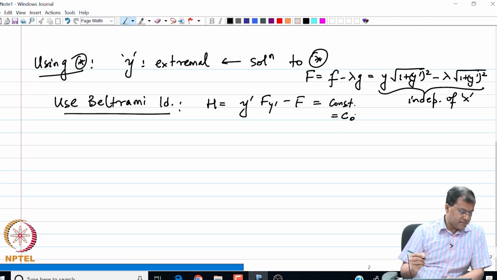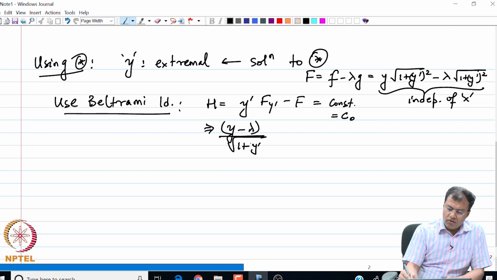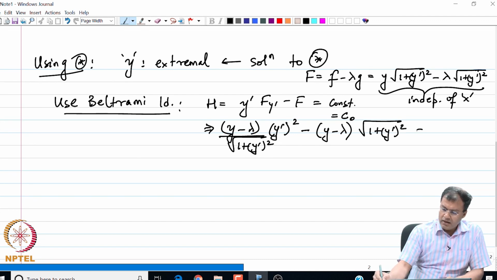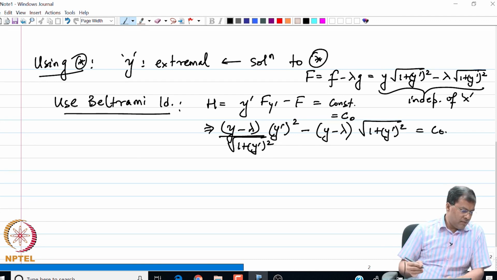Then when we plug in the value of F, after simplifying I get the following equation: (y minus lambda) divided by square root of 1 plus y prime square, times y prime square, minus (y minus lambda) square root of 1 plus y prime square is equal to a constant C0.